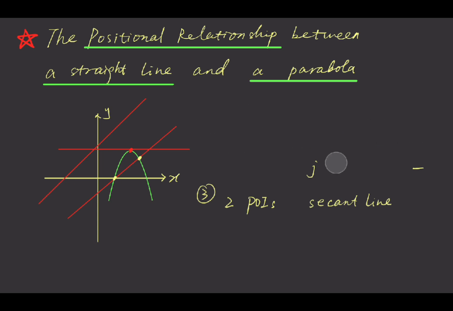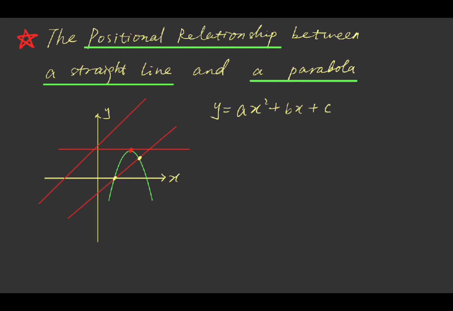From the algebra, we can analyze the positional relationship between a straight line and a parabola. y equals ax squared plus bx plus c. This is the quadratic function represented by this parabola. For the straight line, we can use y equals kx plus b.